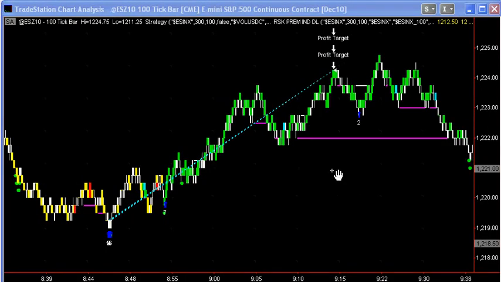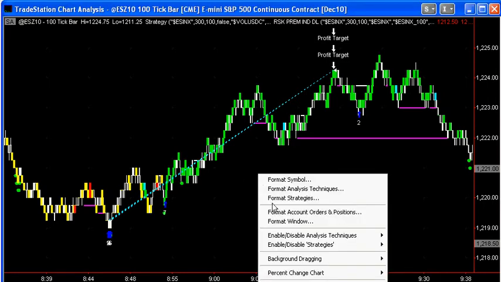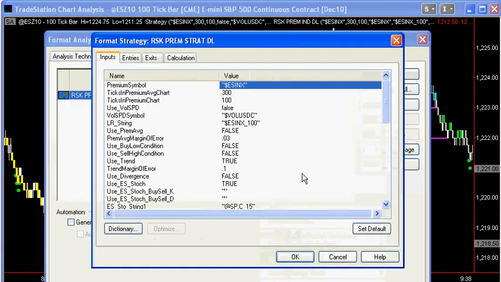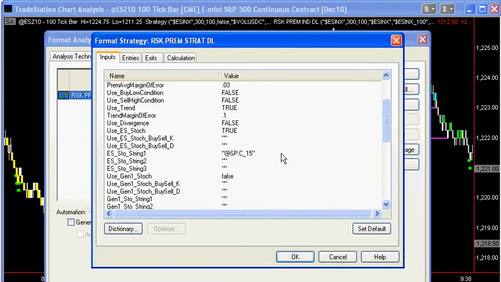Our trend strategy also picked up trades off of this move. Now, being that the stochastic had already turned, here we're using an SPC 15, which had already turned. We looked again for certain characteristics off of the premium using our trend setting.